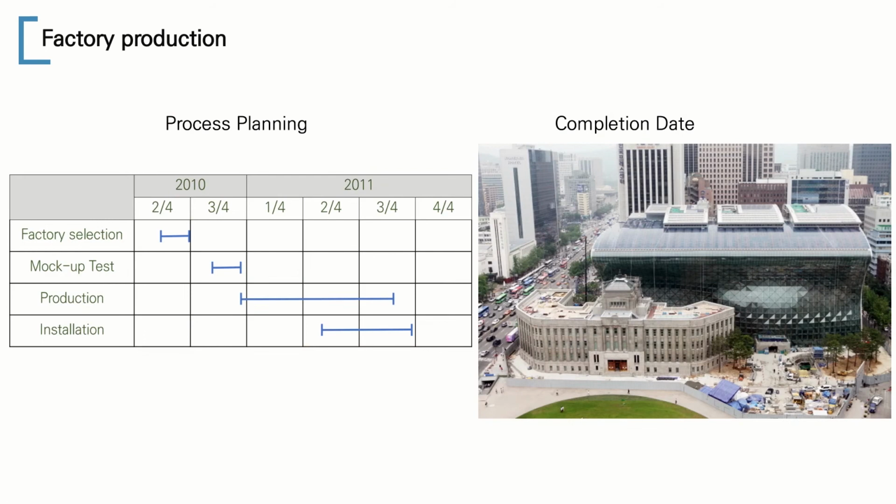The planned production and installation period was about 10 months, and they planned to finish the exterior work before September 2011. But the actual production and installation period was more than 13 months, so finally the construction was delayed until June 2012.